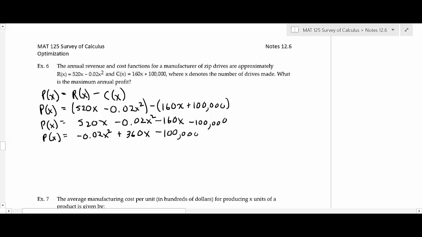So the first thing is just make sure you got the same profit I got. You got that? All right. And then I'll do the derivative.